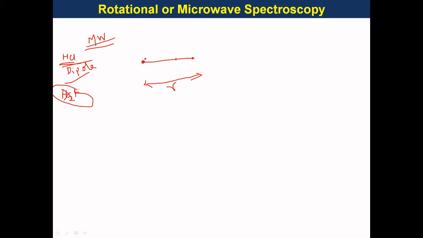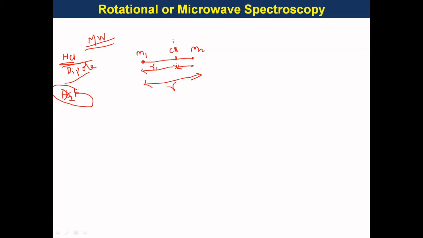Consider that it rotates about an axis passing through its center of gravity, and the distance between atom 1 and atom 2 is r.